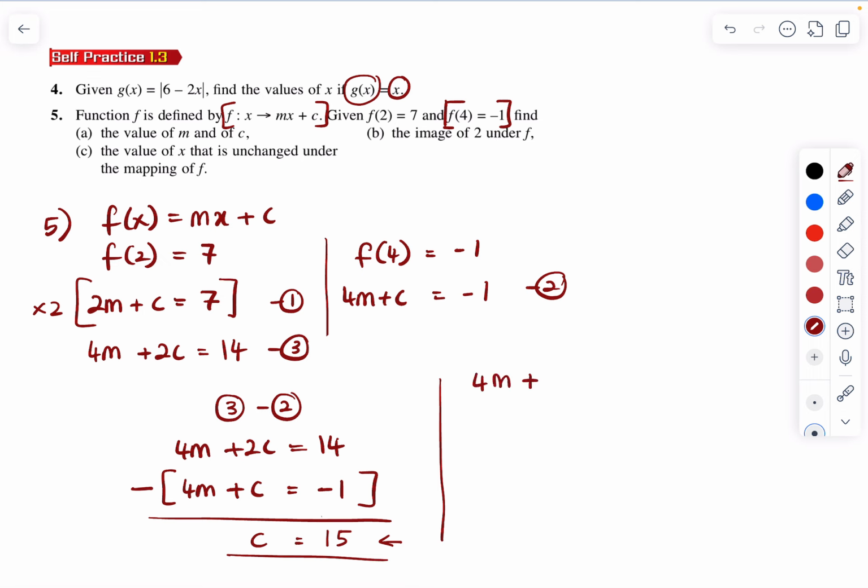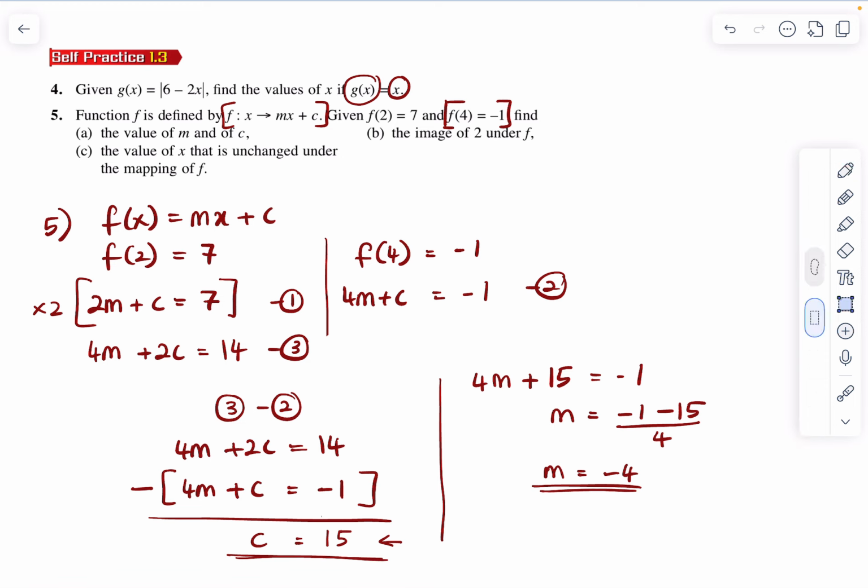So 4m plus 15 is negative 1. So m will be negative 1 minus 15 divided by 4. So this gives us negative 4. So c is 15, m is negative 4.